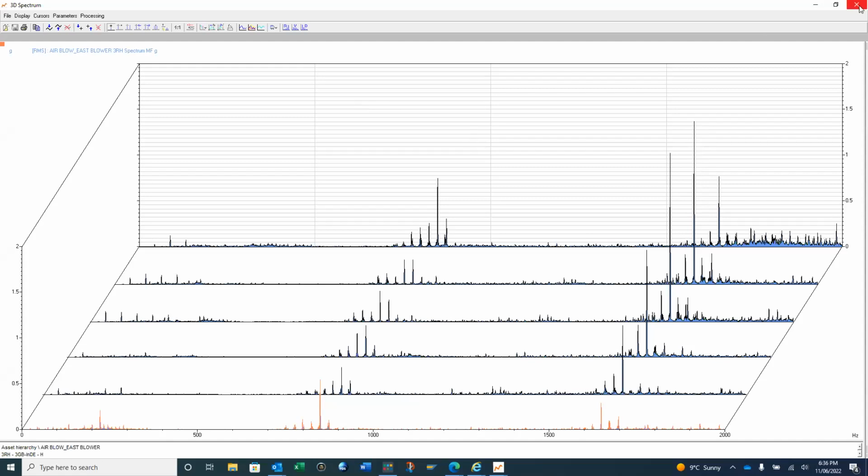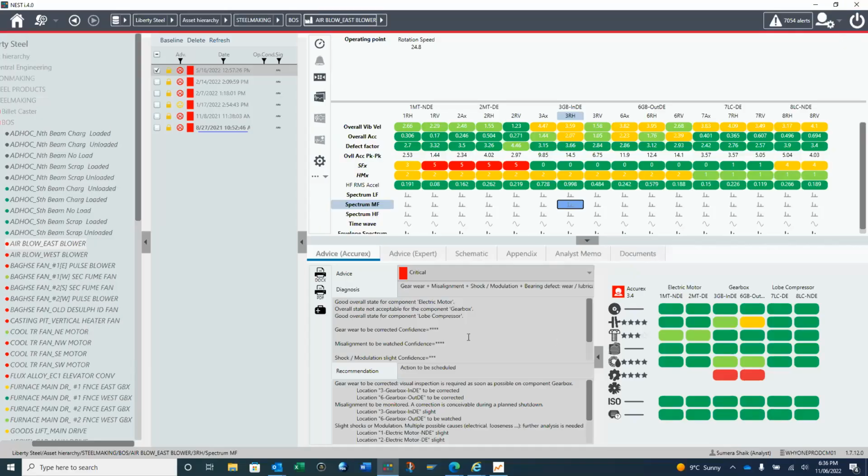Now it's running, but in the diagnosis it says gear wear, misalignment, and shock mode. Yes, it's true. Can you see the red dots here, sir? There is a lot of gear wear, it says. So your software is telling the truth.